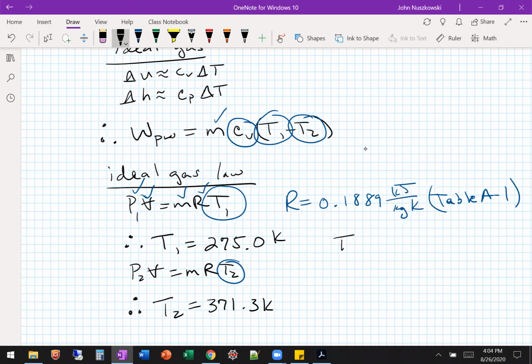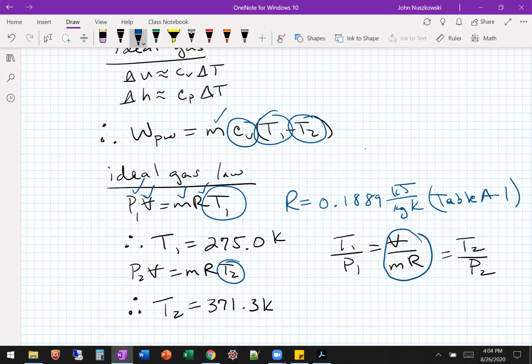If you rearrange the ideal gas law, T over P is equal to volume divided by mass times the gas constant. In this process, since it's a rigid tank, everything on the right is constant. So T1 over P1 is equal to T2 over P2. It still is the ideal gas law. Solve for T2.